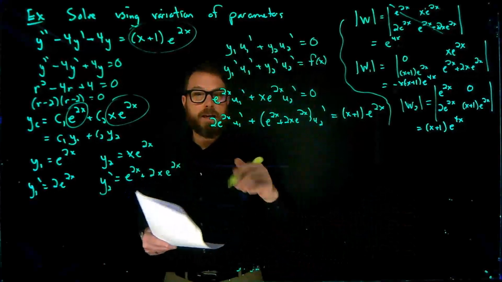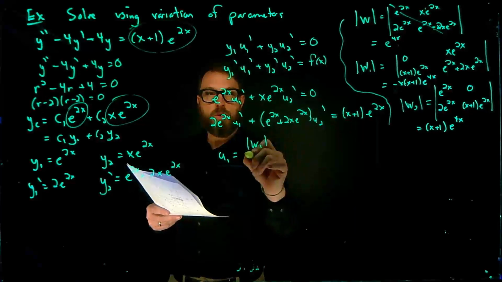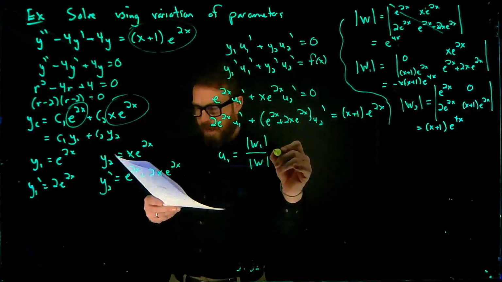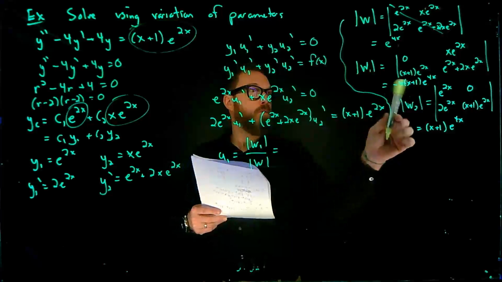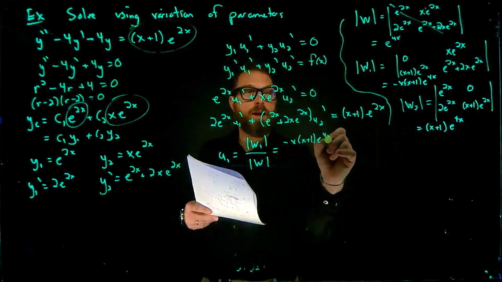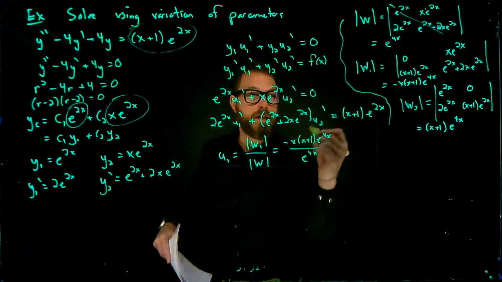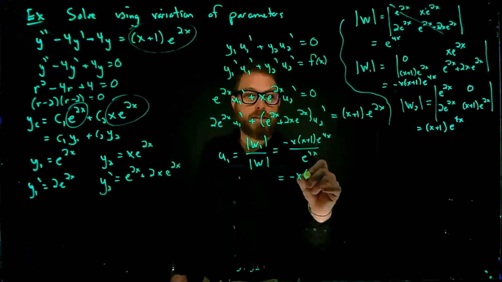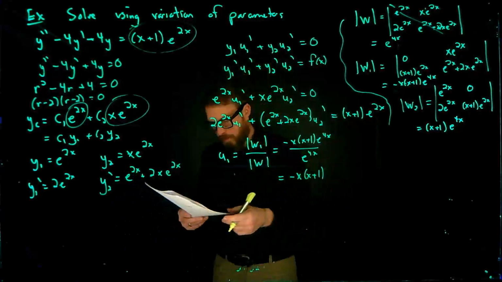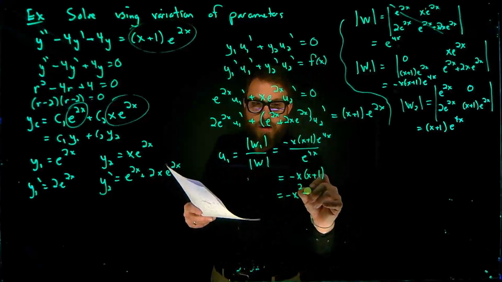Which means that u1 prime was equal to this w1 over the w, and this is going to be equal to, well, w1 is minus x times x plus 1 e to the 4x, all over w, which is going to be e to the 4x, and we can see that the e to the 4x's are going to cancel, so I have negative x times x plus 1.